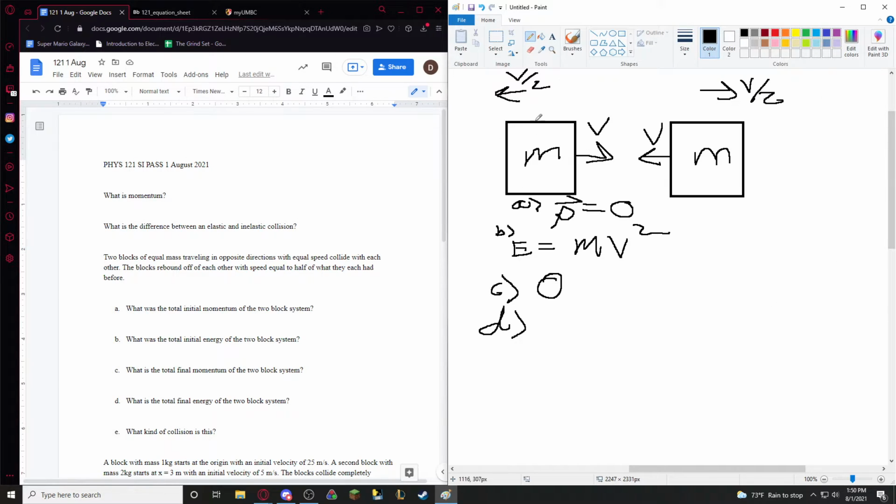So what's the energy of the first block? The energy of the first block is 1/2 m times v over 2 squared. And the energy of the second block is 1/2 m times v over 2 squared.